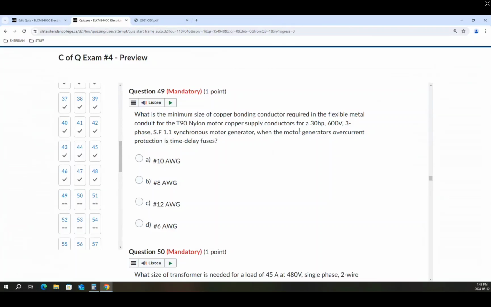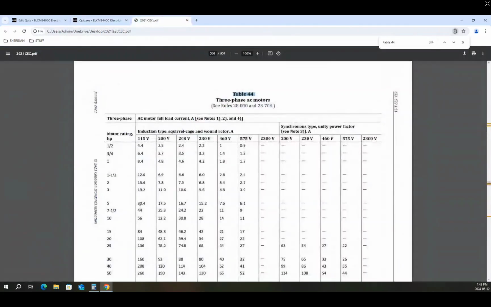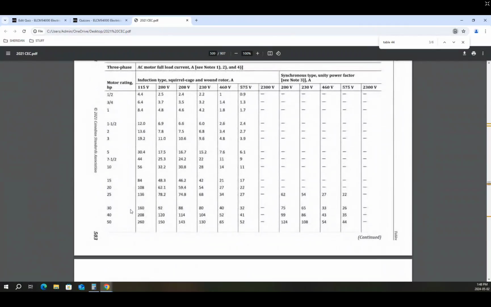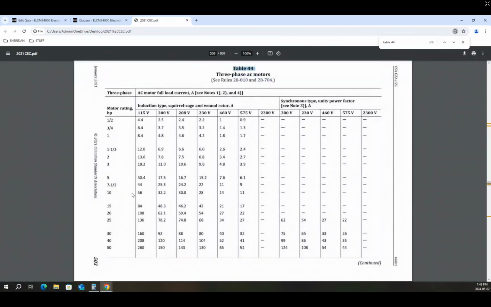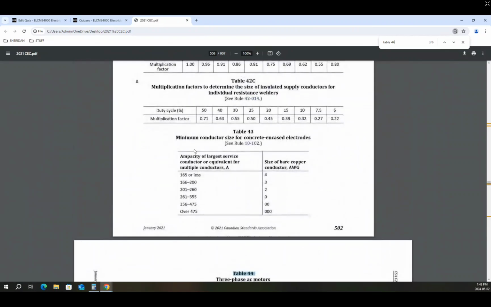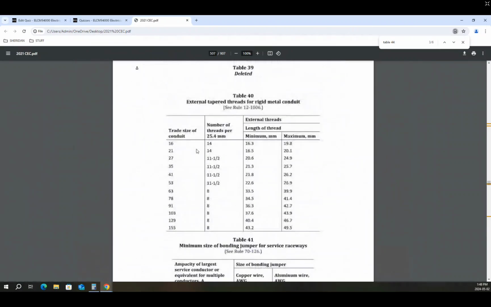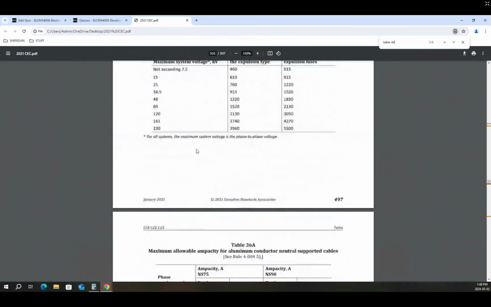So 30 horse, 600 volt, 30 horse, 600 volt. I'm missing something here.